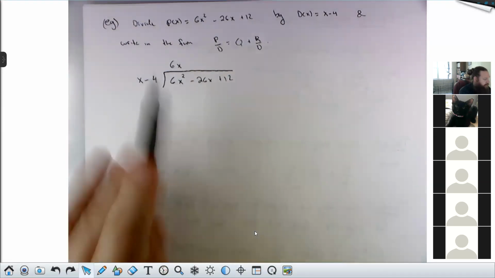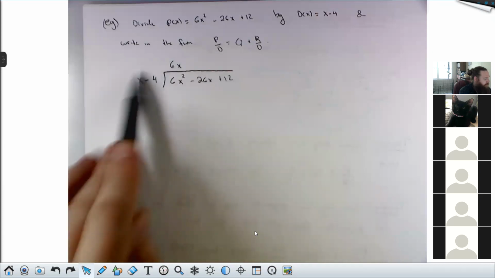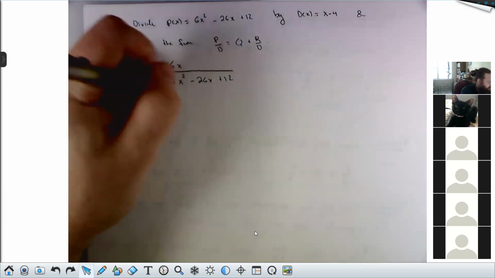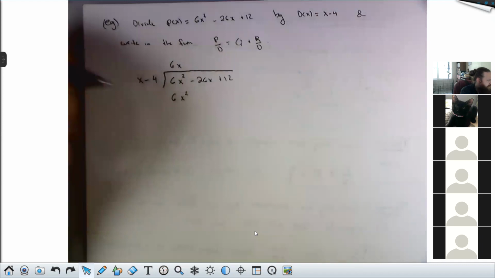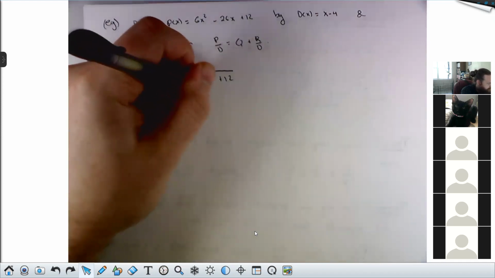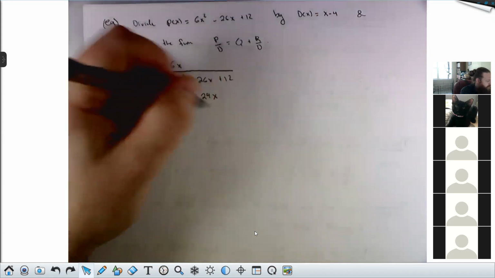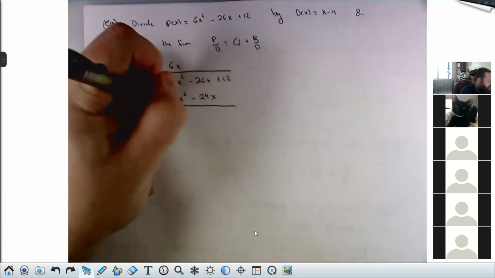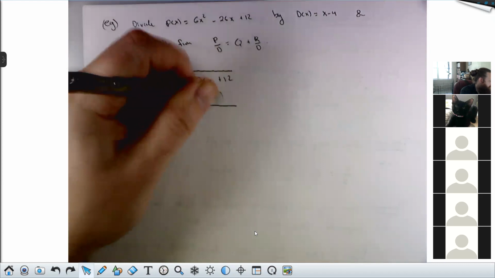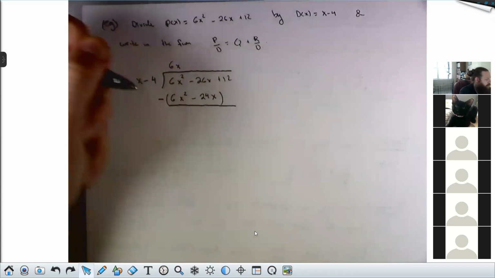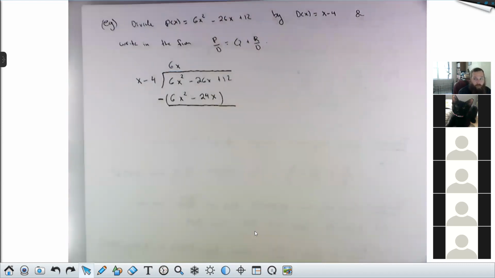Then you actually multiply this by this whole thing. So 6x times x is going to be 6x squared. 6x times negative 4 is going to be minus 24x. And then you subtract one whole row from the other whole row. That's why I'm putting the parentheses there. I strongly advise you do this too.